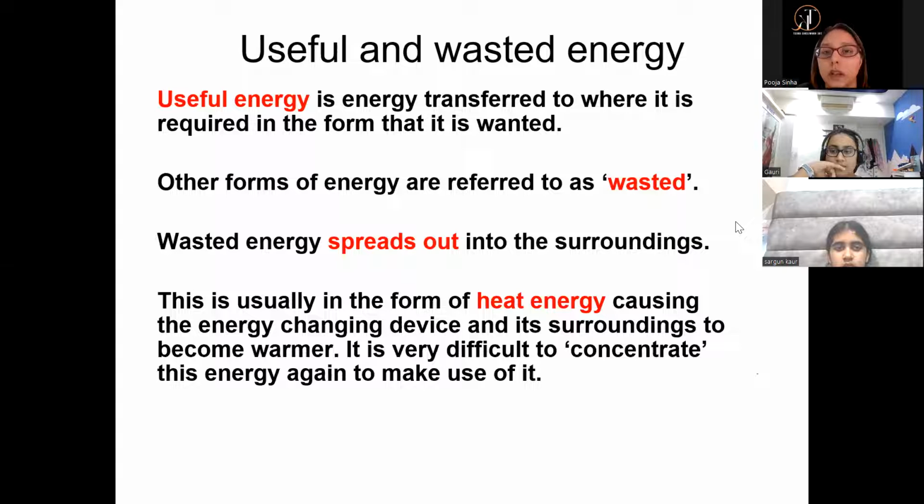अब आते हैं useful energy and wasted energy. Okay, useful energy कौन सी energy होगी? Energy transferred to where it is required in the form that is wanted.